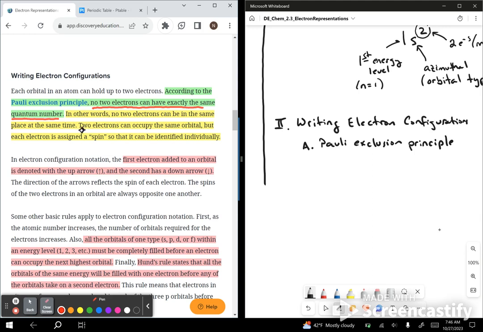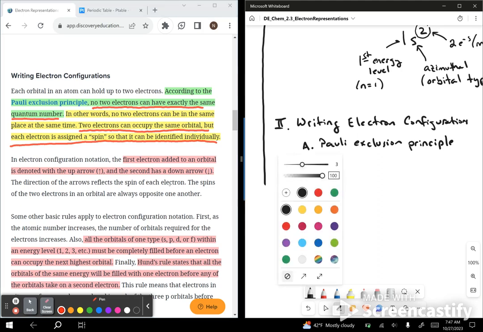Now here, a little side note, 2 electrons can occupy the same orbital, but each electron is assigned a spin, so it can be identified individually. Remember, we give that an up spin or a down spin. So in electron configuration notation, the first electron added to an orbital is denoted with the up arrow, and the second has a down arrow. So maybe let's go ahead and write this down here. We'll say number 1.